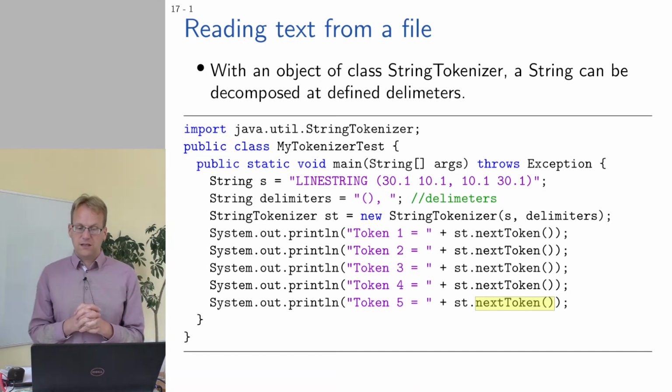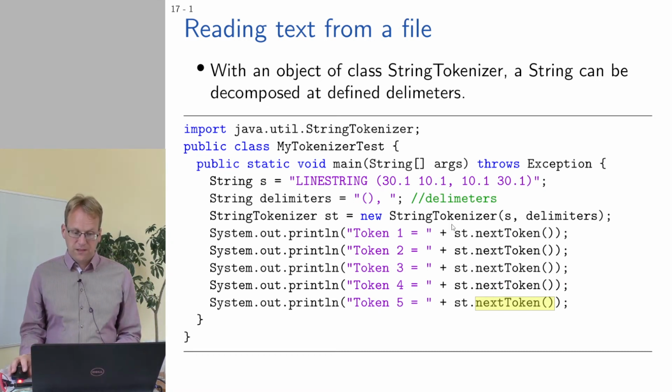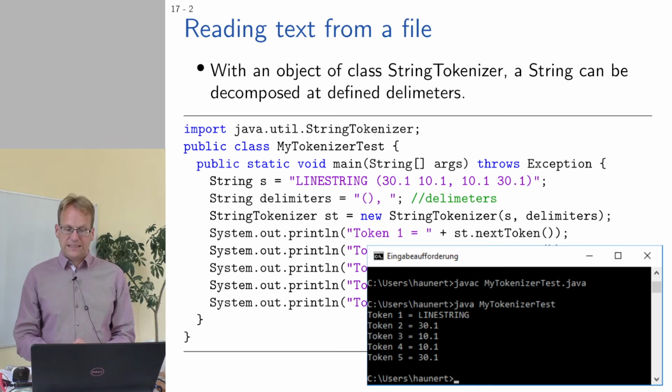So I have now printed these 5 tokens to the console. And what I will get then is this output.